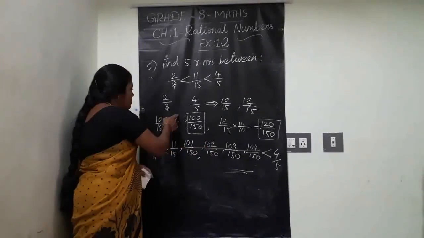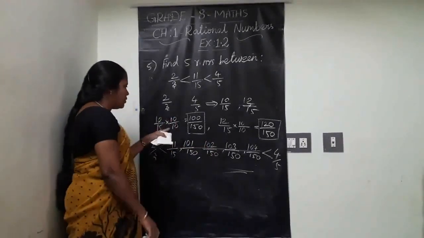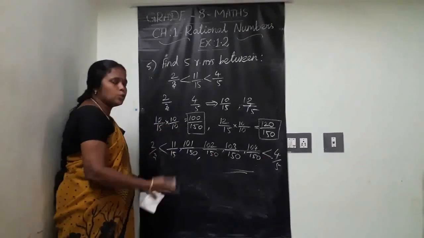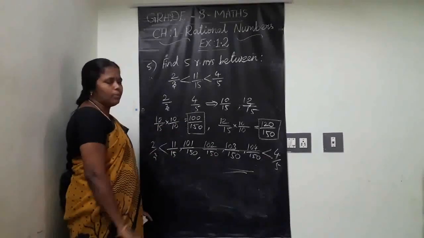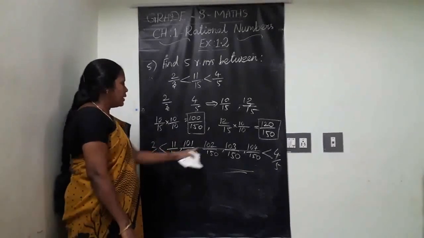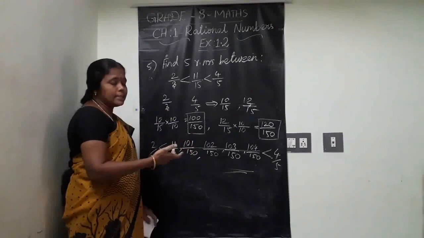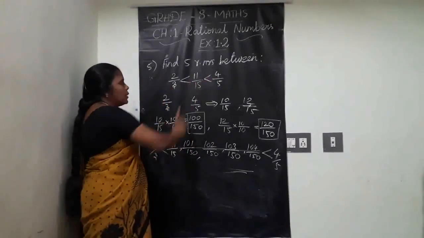You can take some other factors also. Here, for my convenience, I have taken 10 by 10. You can take 2 by 2 also, 3 by 3, any number as you wish. Like this is the procedure for finding a few rational numbers between two given rationals.